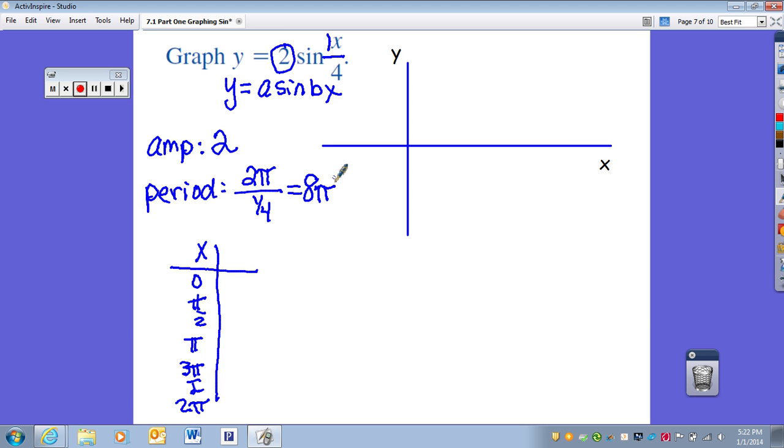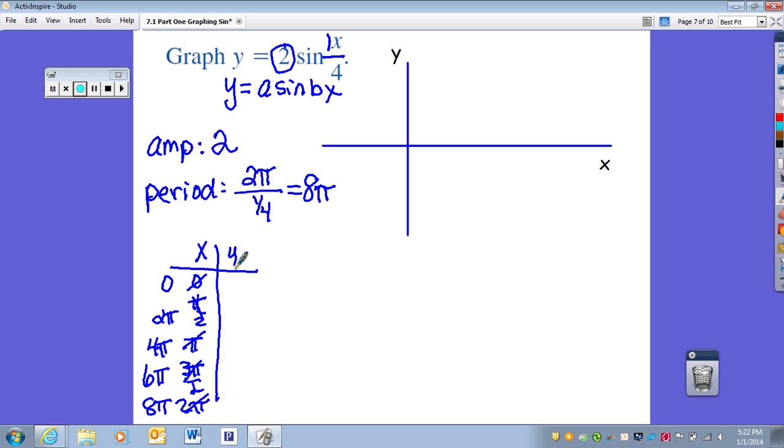Now, we have changed from our period of being in the basic function of 2 pi to 8 pi, which means we need to multiply each of these by 4 to find those new values. So we have 0, multiplying by 4, we have 2 pi, multiplying by 4, we have 4 pi, multiplying by 4, we have 6 pi, and multiplying by 4, we have 8 pi.